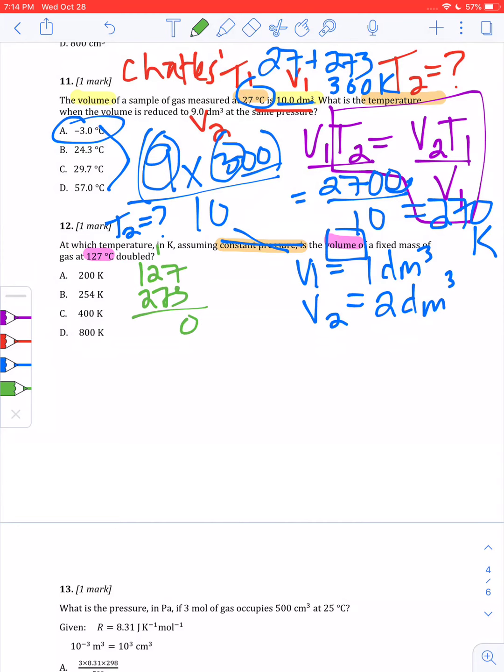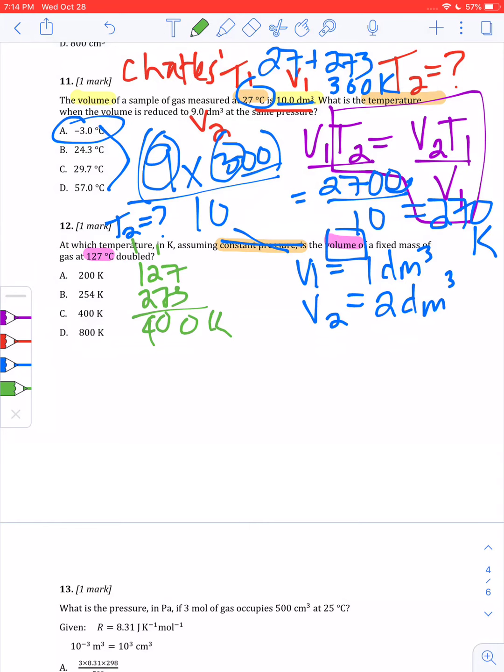So I'm going to do 127 plus 273, and let's see, that's 10, it's 910, carry the 1, so 400 Kelvin is our temperature, okay? So here's where you can kind of go one of two ways.